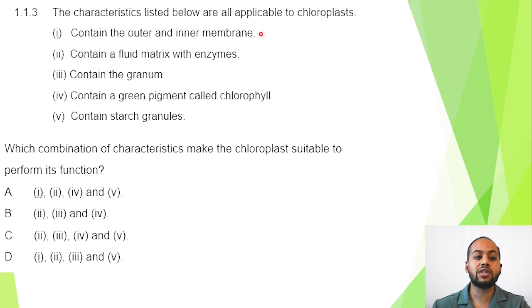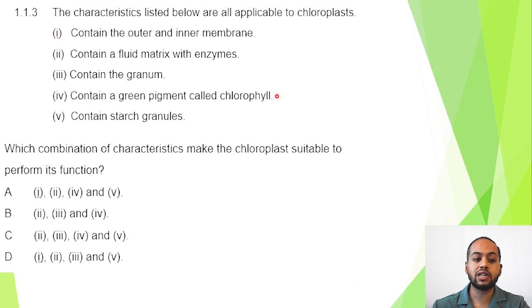So let's go from the start. Contains the outer and inner membrane. Is that going to help to make the chloroplast functional? No. Contain a fluid matrix with enzymes. The enzymes are definitely going to be useful in photosynthesis. So number 2 is correct. Contain the granum. Yes, it requires the granum in the light phase. Contain a green pigment called chlorophyll.